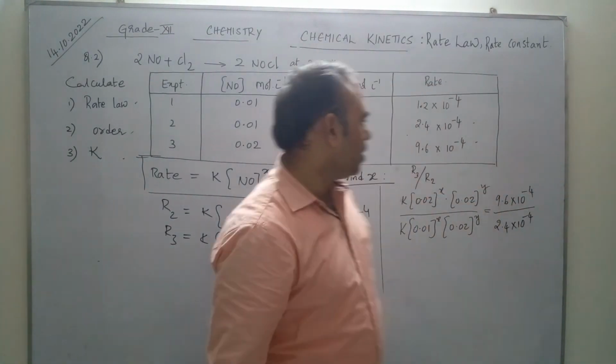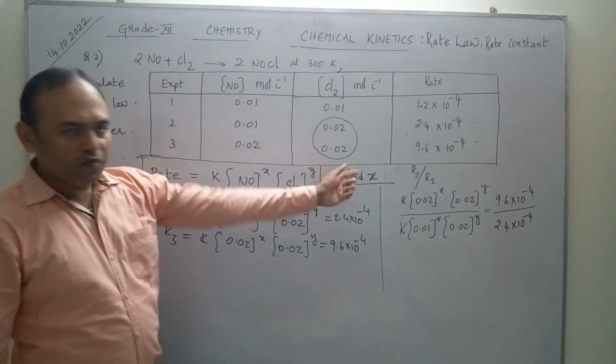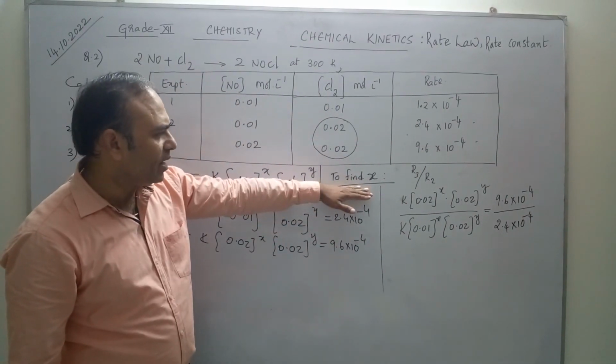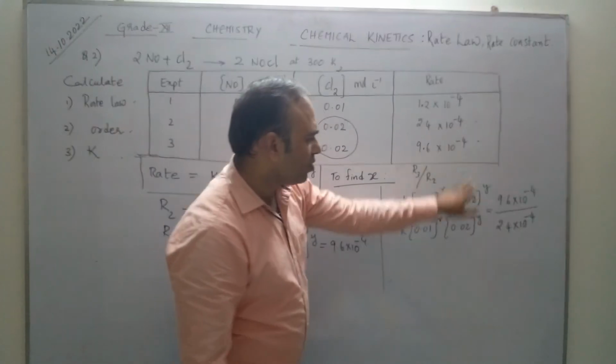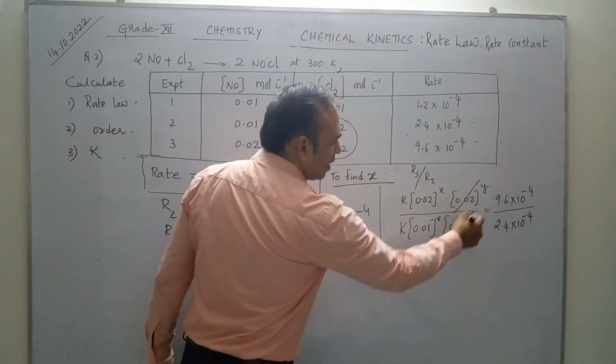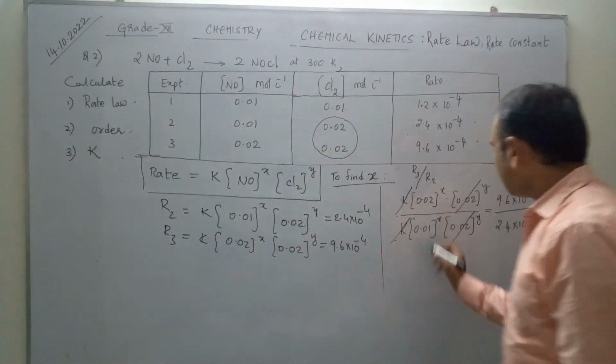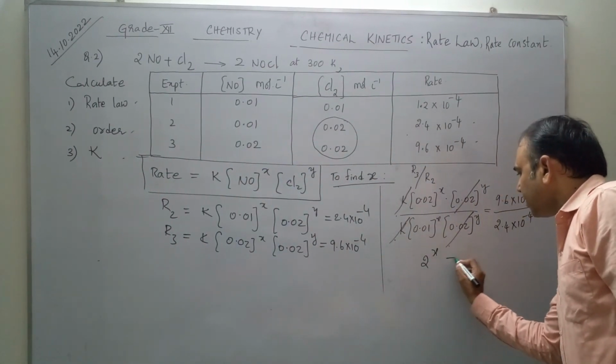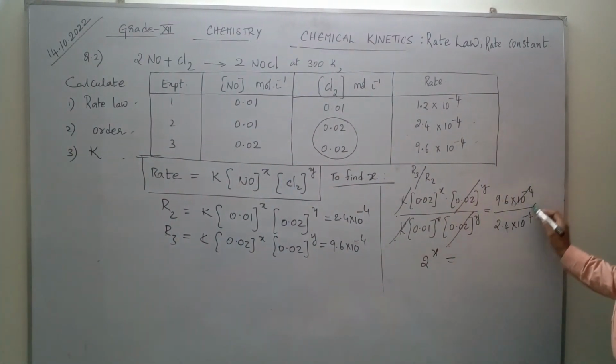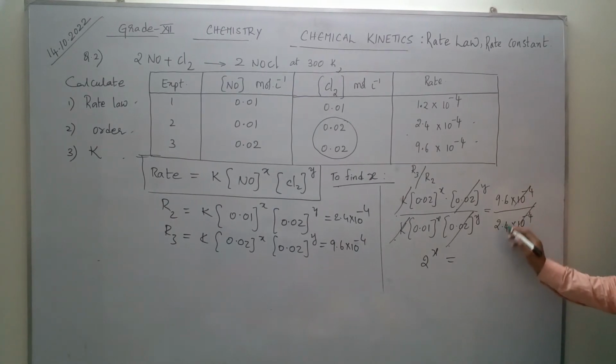Very simple. According to the formula, to find X we have taken similar values of Y concentration. So cancel that, k also gets cancelled, and here what you get, 2 to the power of X is equal to, 10 to the power minus 4 gets cancelled, so this will be 4 times.